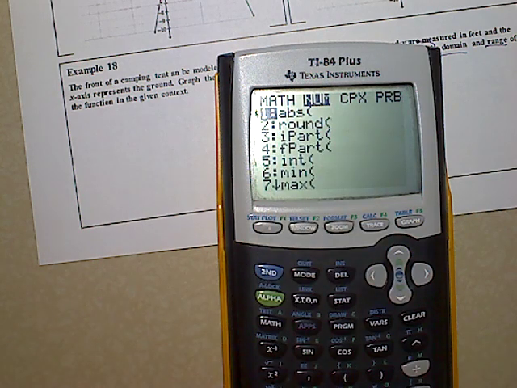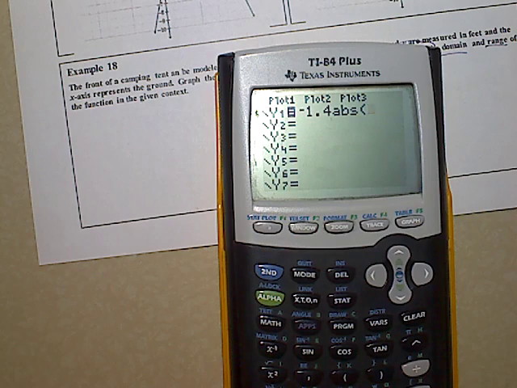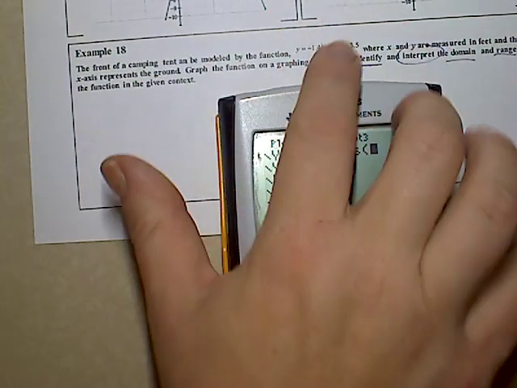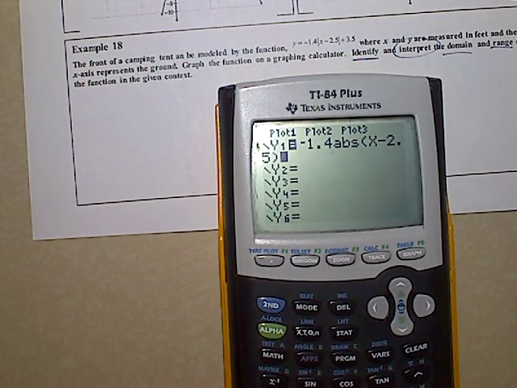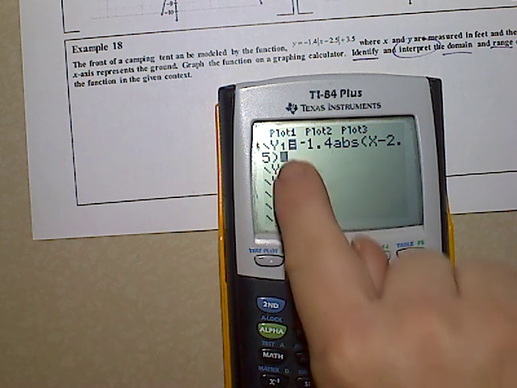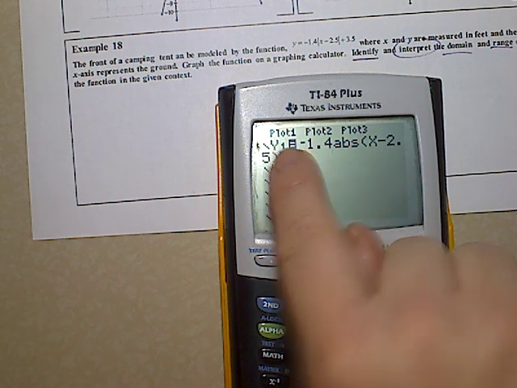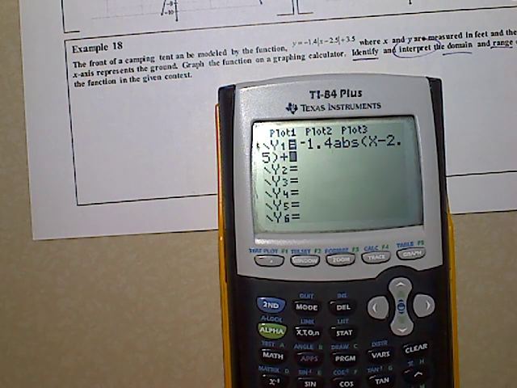Now absolute value is highlighted and I press enter. Okay, now I am going to type in x subtract 2.5 and I have to do end parenthesis. And if you need to use the cursor to go on the other side of the parenthesis, that's fine. And now do plus 3.5.